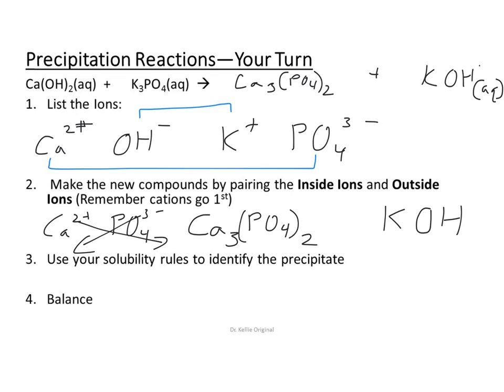Is calcium an exception to the phosphate rule? No, calcium is not an exception to the phosphate rule. So it's going to form a solid, and it will wind up being our precipitate.